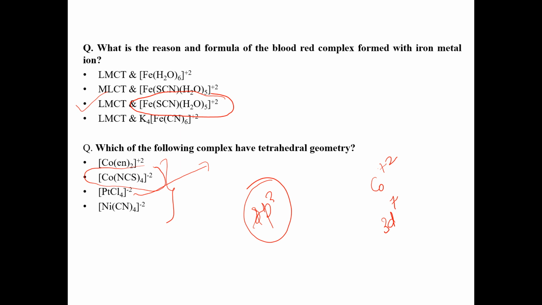Since the 5d series mostly forms square planar complexes, right? And consider this one, that is 3d nickel +2. It will be 3d8.